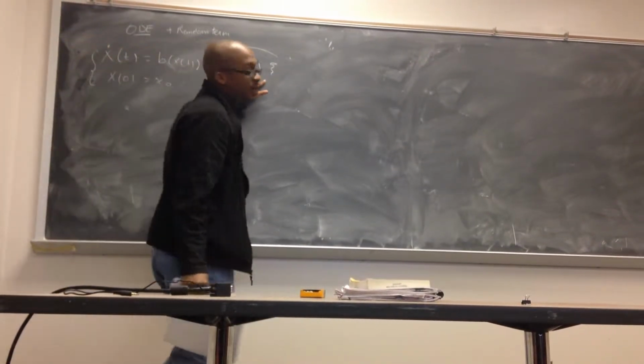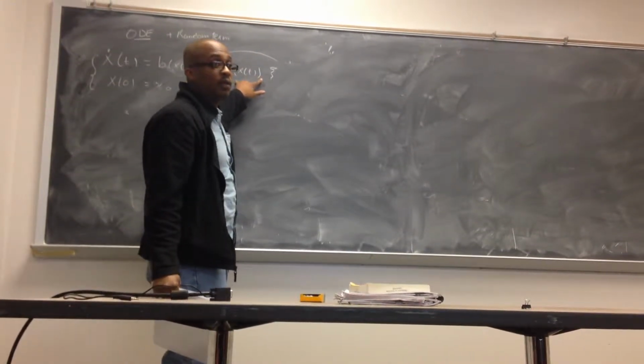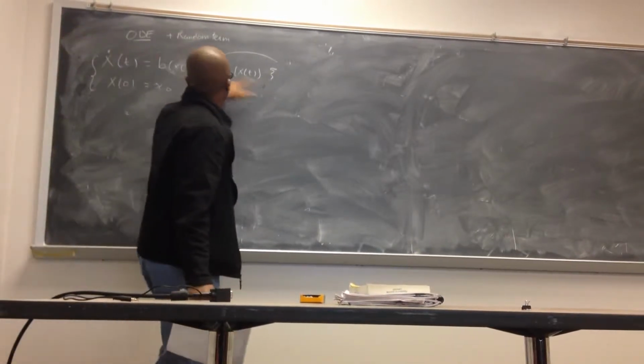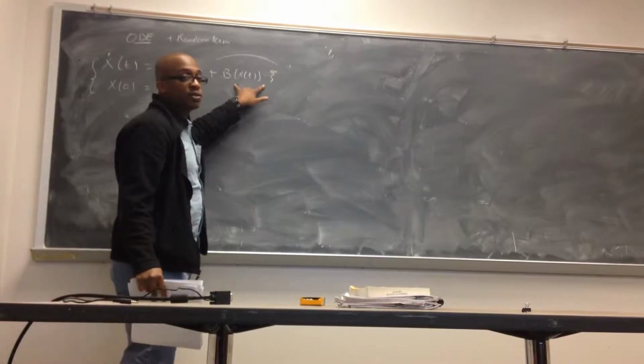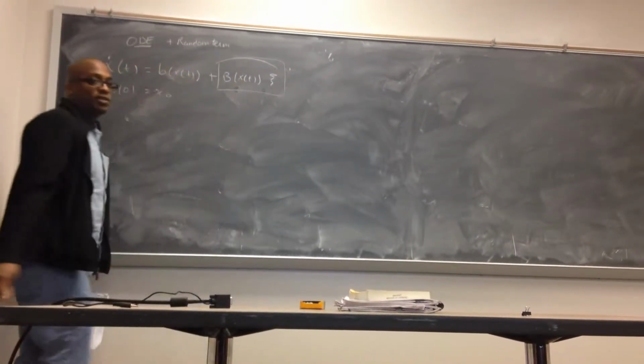So we said that because we have a random term, it's important to specify what this random term is, okay? A precision is that this is not yet an SDE, it's just an ODE plus a term. And to have an SDE, you need to specify this.